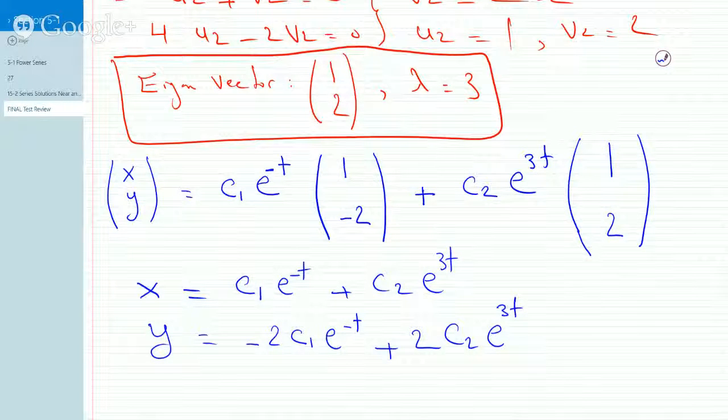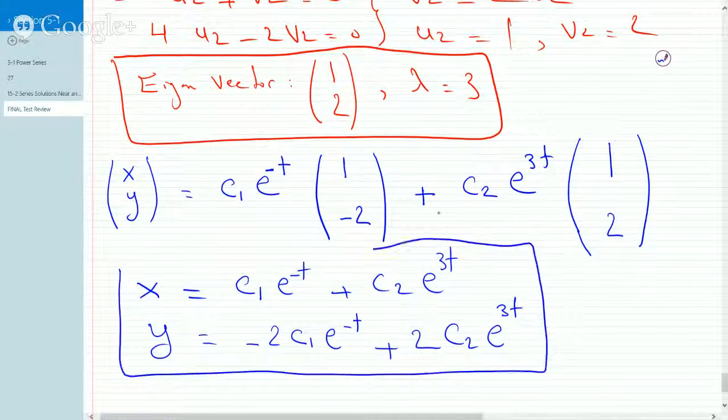Now, of course, these are the solutions for the 2 differential equations using the matrix method through eigenvalues.